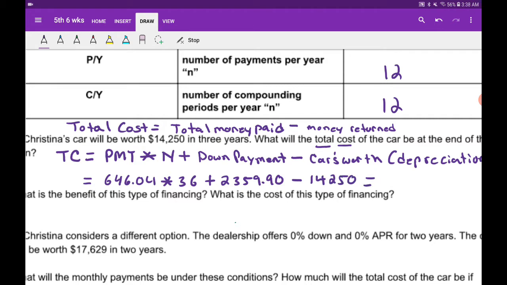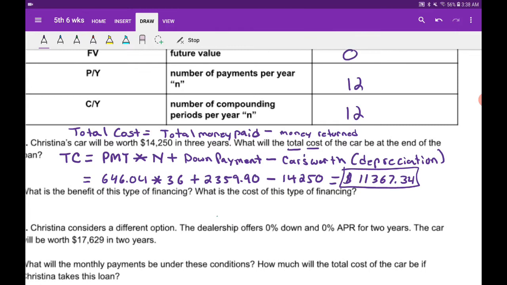All right, put that all in our calculator, whatever calculator we've got, and we're going to get a total cost of $11,367.34. Okay, and what does that mean? That means that's how much the car cost us to purchase it.